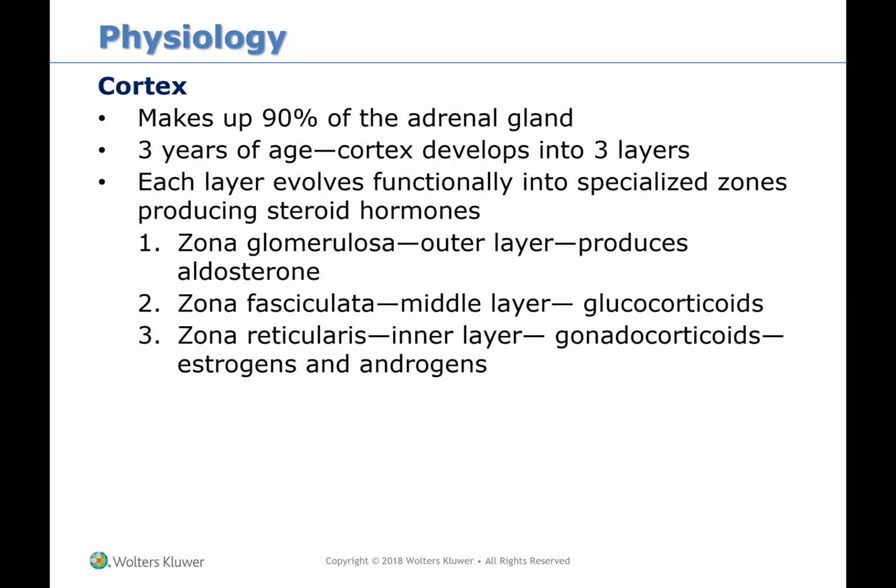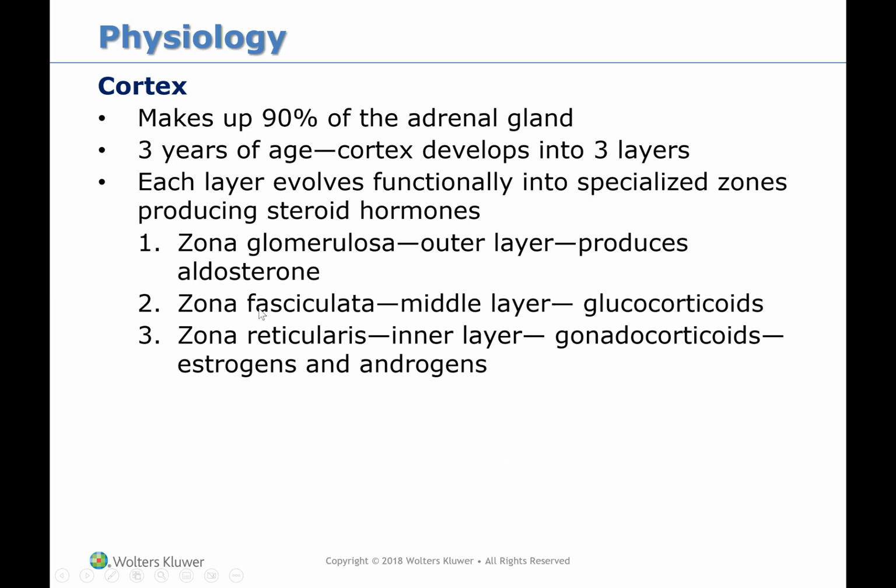The cortex makes up about 90% of the adrenal gland. And that's what I really want you to know, that the cortex is a huge part of it. There are specialized zones. Zona glomerulosa is the outer layer and it produces aldosterone.